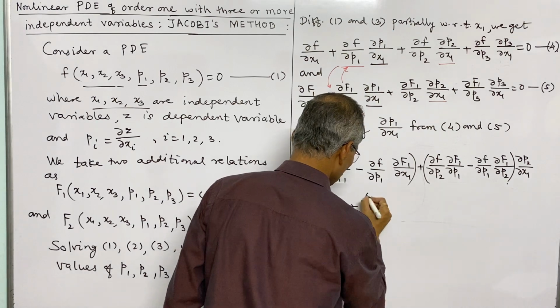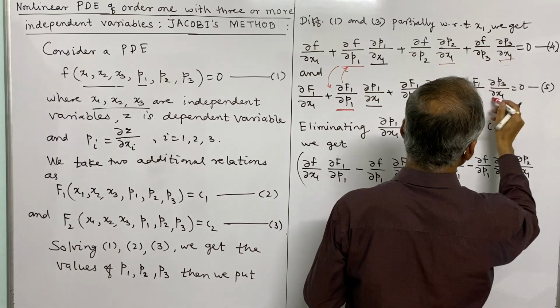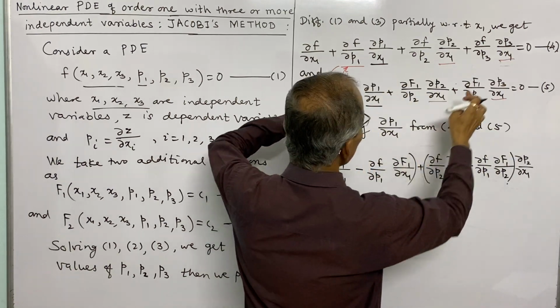Plus, now what about the next, or these two? Here the term ∂p3/∂x1 is common, and again there is cross multiplication of this.